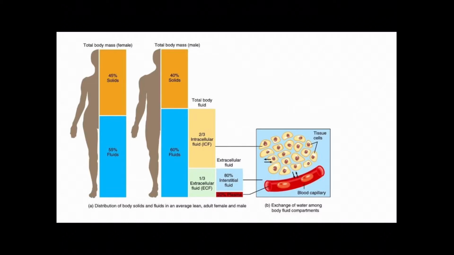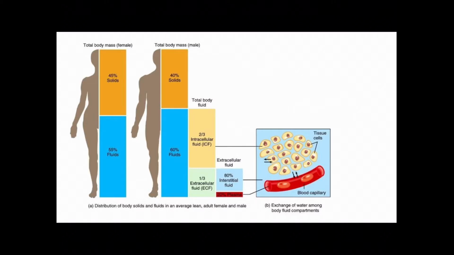So that puts the female at 55% fluids and the male at 60% fluids, which is kind of interesting because we think of women as, you know, being more creatures of yin and blood in TCM terms. So we might expect more fluids, but if you break down the fluids in comparison to solids in the body, we have a little higher percentage in males. So that is roughly 55 to 60% fluids in the average adult.